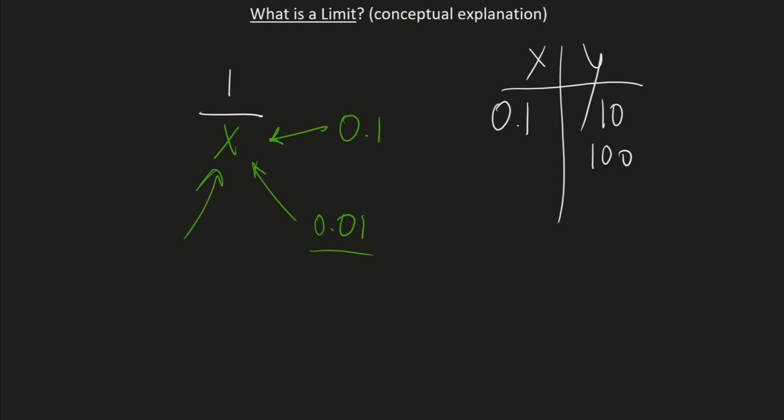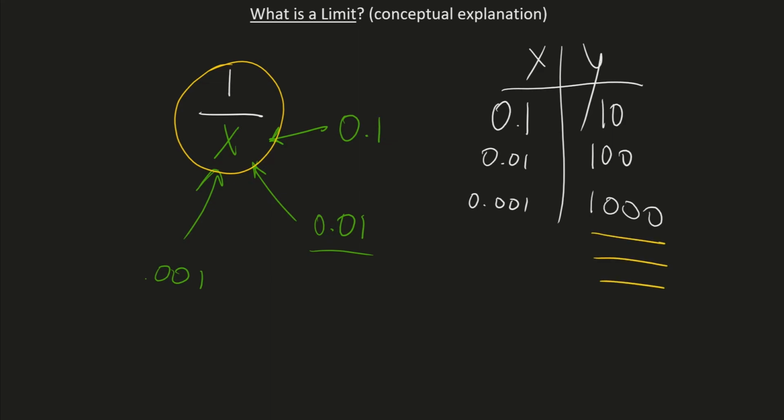And then we put in 0.001. We're getting even closer. 1 divided by 0.001 is 1,000. So we start seeing a pattern here. As we get closer and closer to this number being 0 exactly, the y, that is the output of this mathematical unit, is going to get bigger and bigger and bigger.